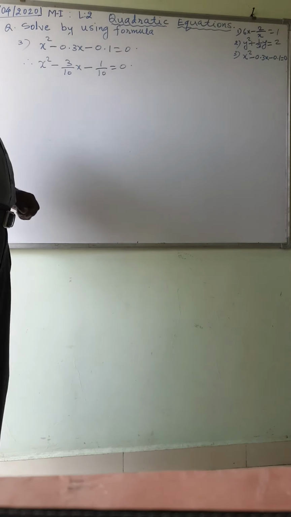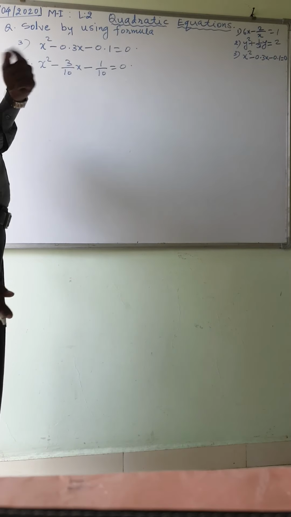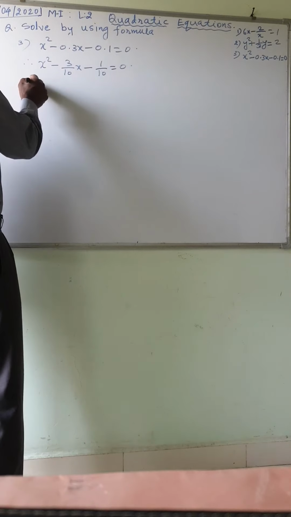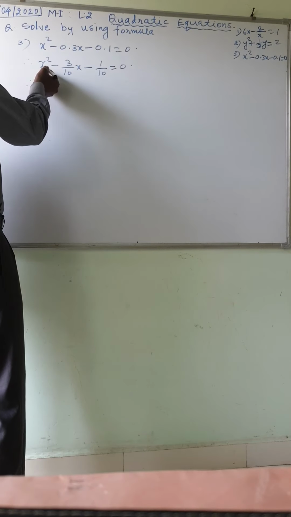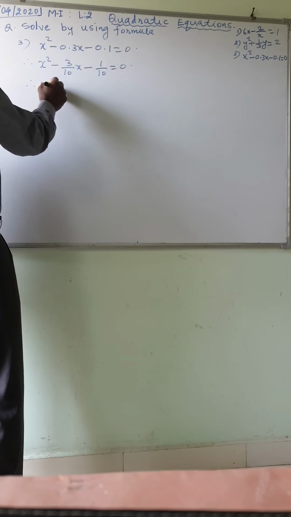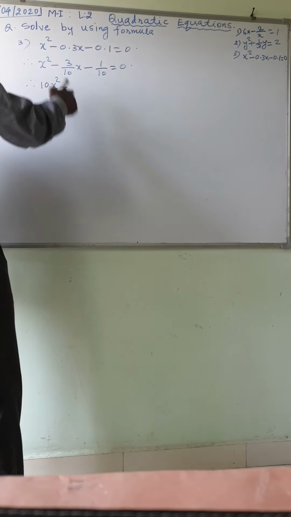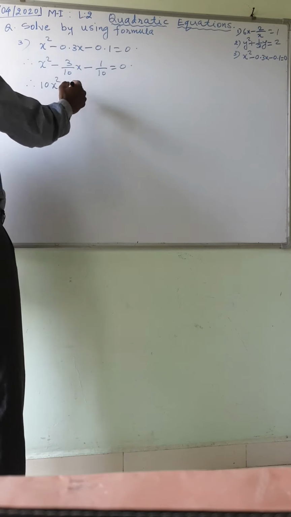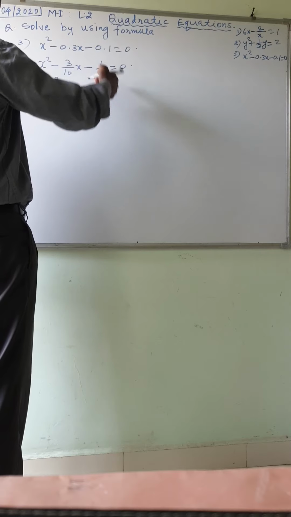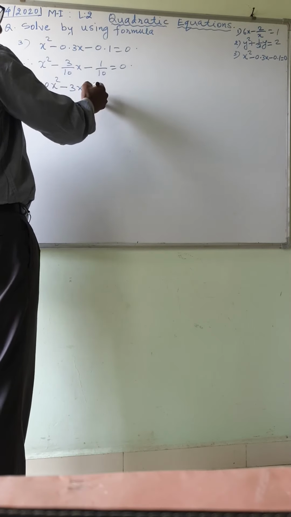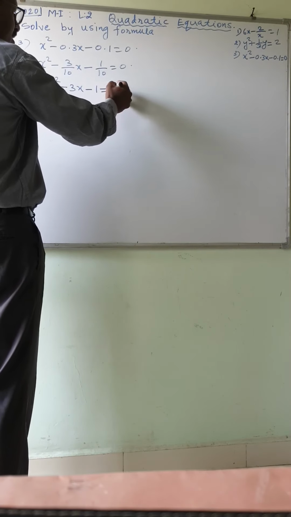Now what is the denominator? 10. Multiply throughout by 10. Therefore, multiplying this by 10, that will become 10x square; multiplying this by 10, the 10 will get cancelled and minus 3x; multiplying this by 10, the 10 will get cancelled and will remain minus 1 equal to 0.